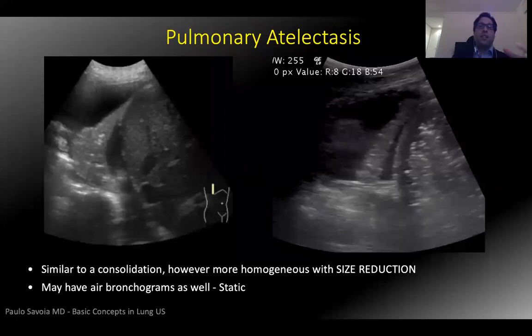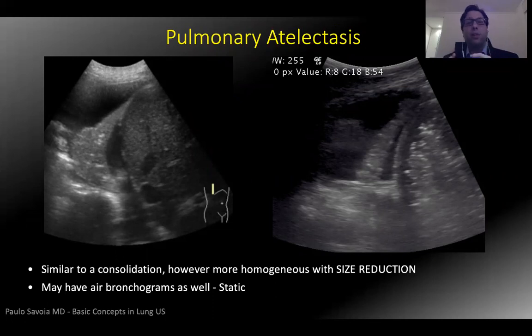About atelectasis, atelectasis is very similar to pulmonary consolidations. You will see tissue echogenic structure, may have air bronchograms. However, it tends to have size reduction. Okay, so you will see something like a consolidation.